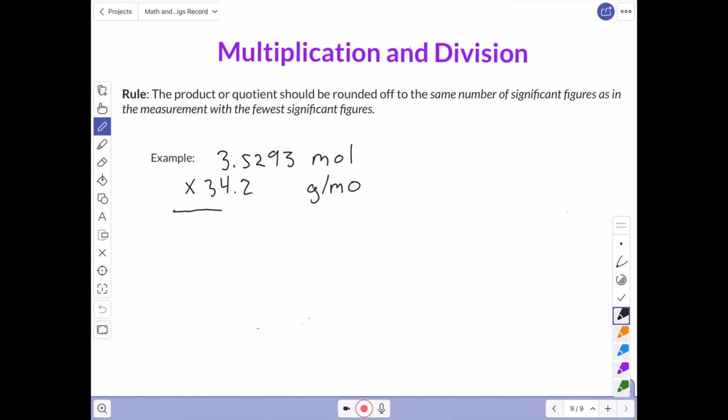You don't have to do this vertically like we did in addition and subtraction, but it's a habit of mine, so I'm going to do it this way.